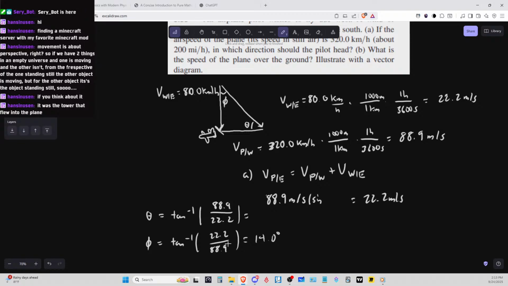So for theta, this is 75 degrees. Let's round it to 76, because it's like 75.97, so we can round it up.